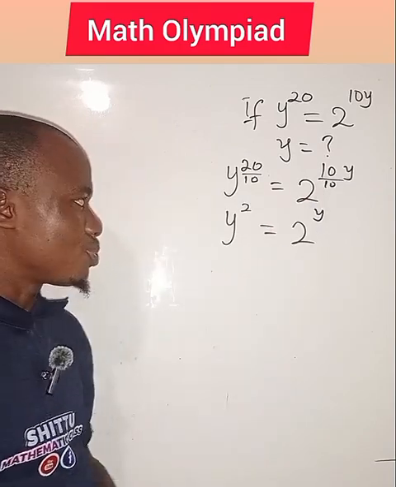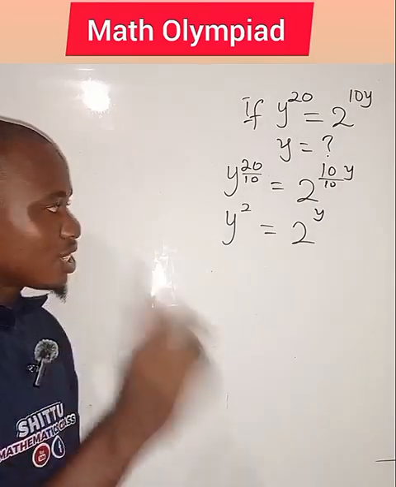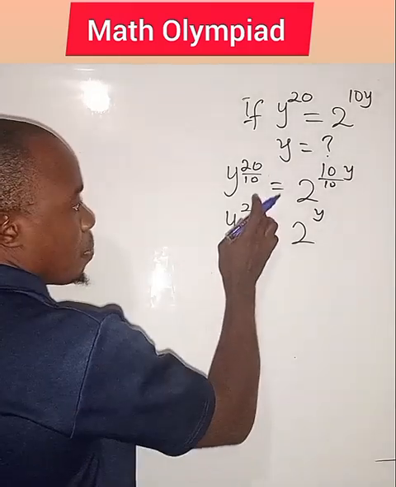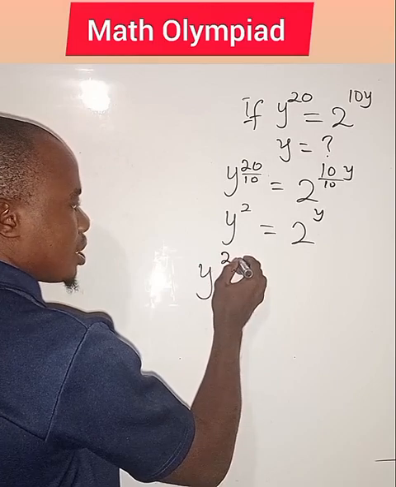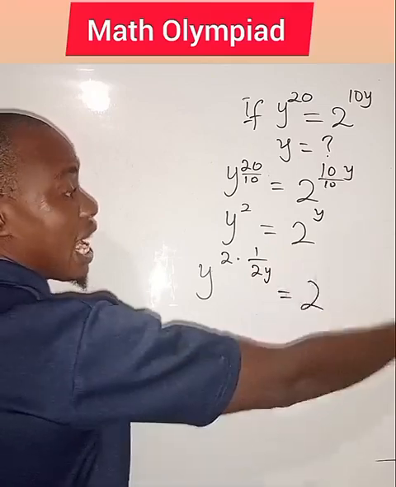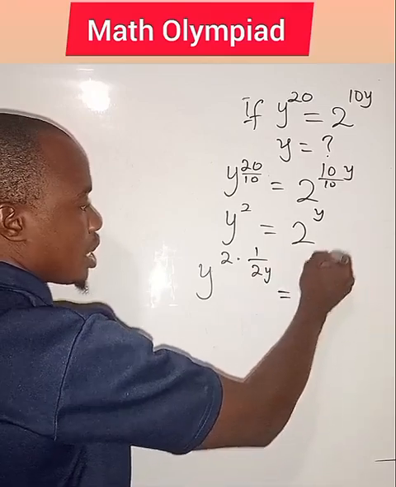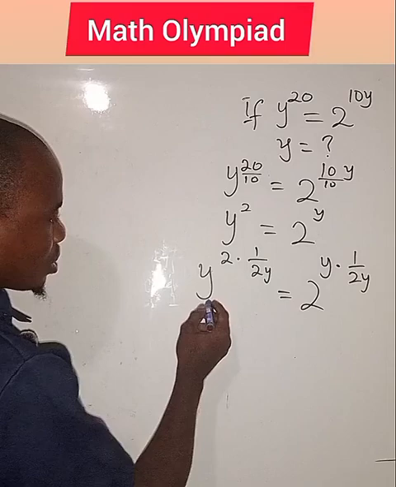Now, the next thing we're going to do, having this, what's the next thing we're going to do? The next thing we're going to do is that the power here, let me multiply this power by 1 over 2y. Then also, to the right-hand side, I'm going to have y multiplied by 1 over 2y. So what do you think we're going to have here?